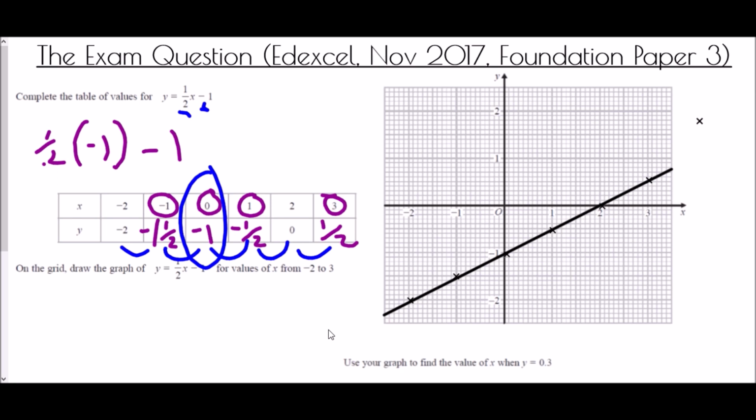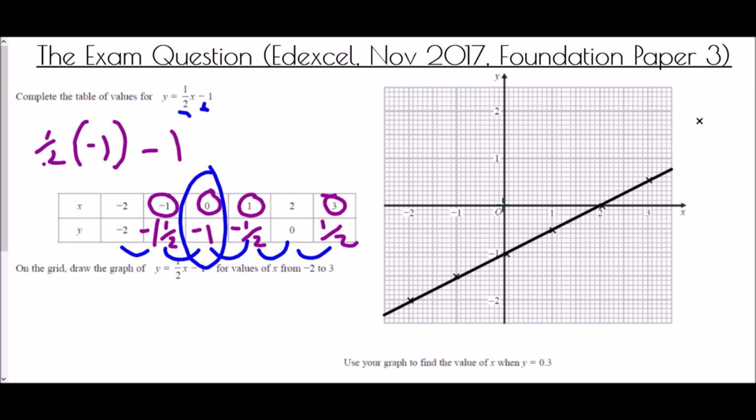There is only one extra element to this question, and that is use your graph to find the value of x when y equals 0.3. Now what that means is we need to actually read a value from the graph. And so what we need to do first is find this value of y equals 0.3.